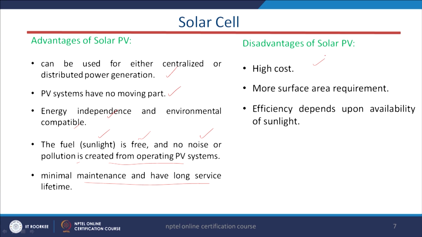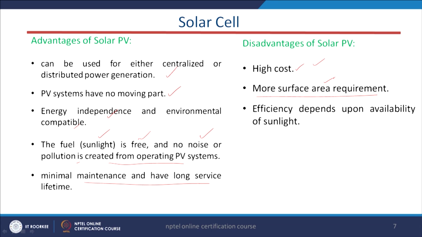Now, coming to the disadvantages of the solar system. The first one is the installation cost of the solar system is high. And the second one is it has more surface area requirement. If you look near an aerodrome field or near commercial or industrial buildings, a large number of solar cells are installed at the rooftop, or a certain area is occupied by those solar panels.